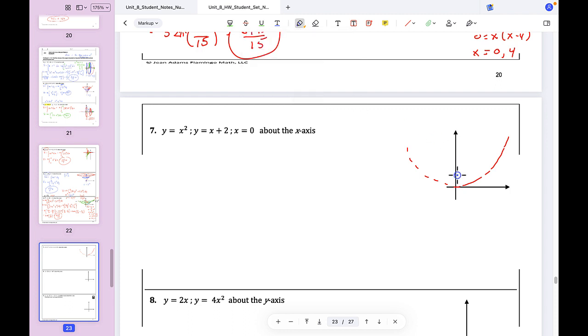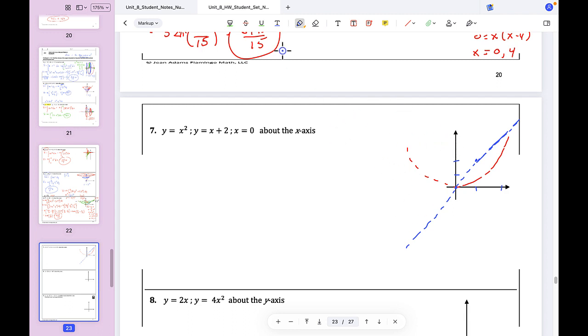It has a slope of 1, so up 1 over 1, and it has a y-intercept of 2. So there's that line, and it's going to keep on going down like that.